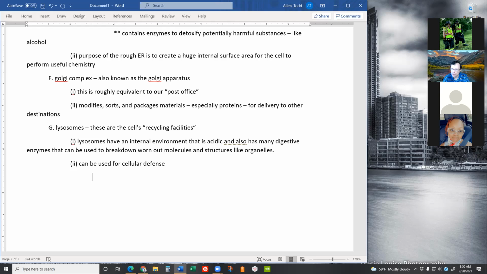And that's exactly what the cells try to do with microorganisms that invade the interior of the cell. The cell will try to move the virus through the lysosome, or in some cases other things like bacteria, through the lysosome to try to break the virus or bacterium up and destroy it. That's cell defense. You're using your recycling capability to defend against microorganisms that might disrupt the behavior of a cell and make the cell sick.